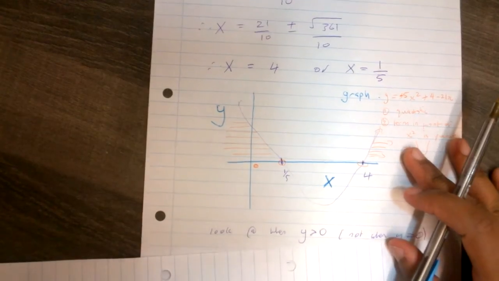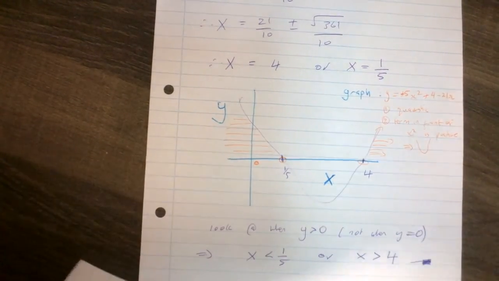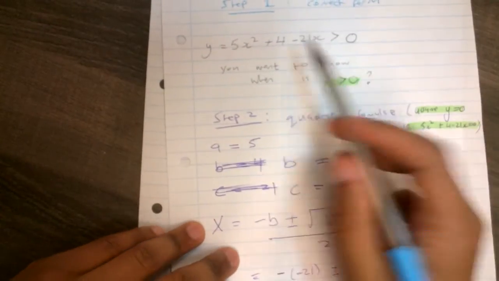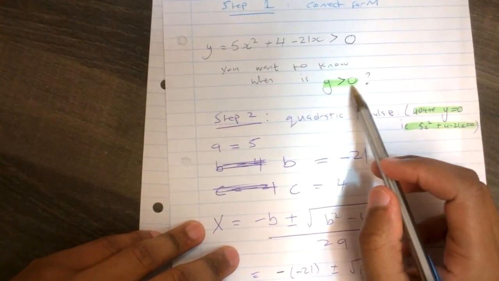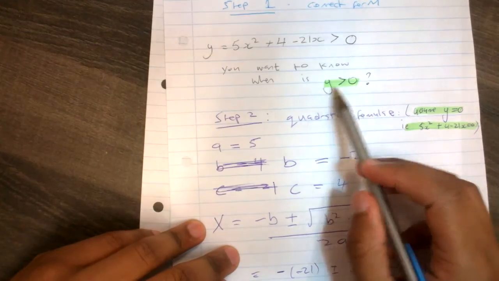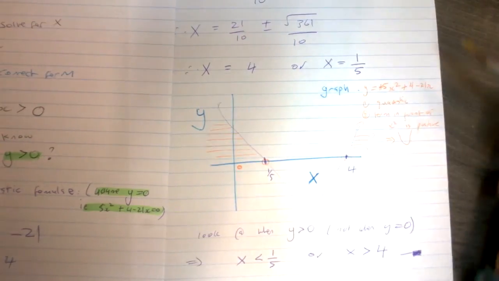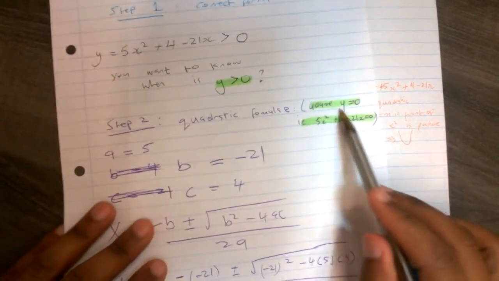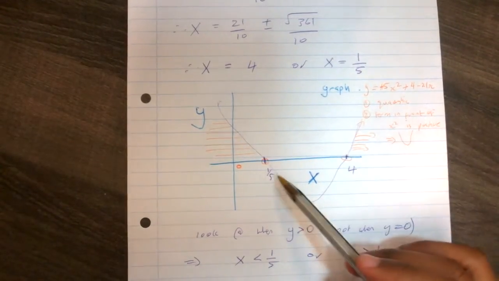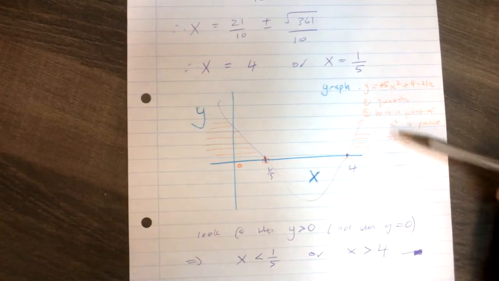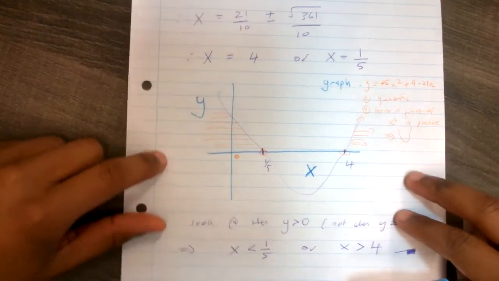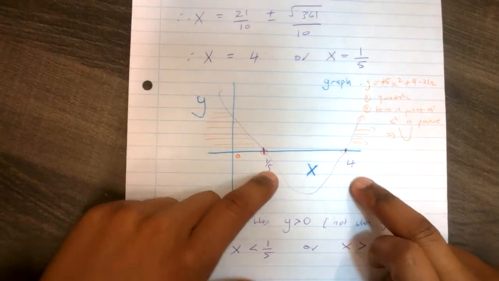So let's go back to our question. What are we aiming for? We want x values such that y is greater than 0. But now we have x values such that y is 0, because we assumed y equals 0, and that was 1 over 5 and 4. So now let's look at this sketch. These are your x values.